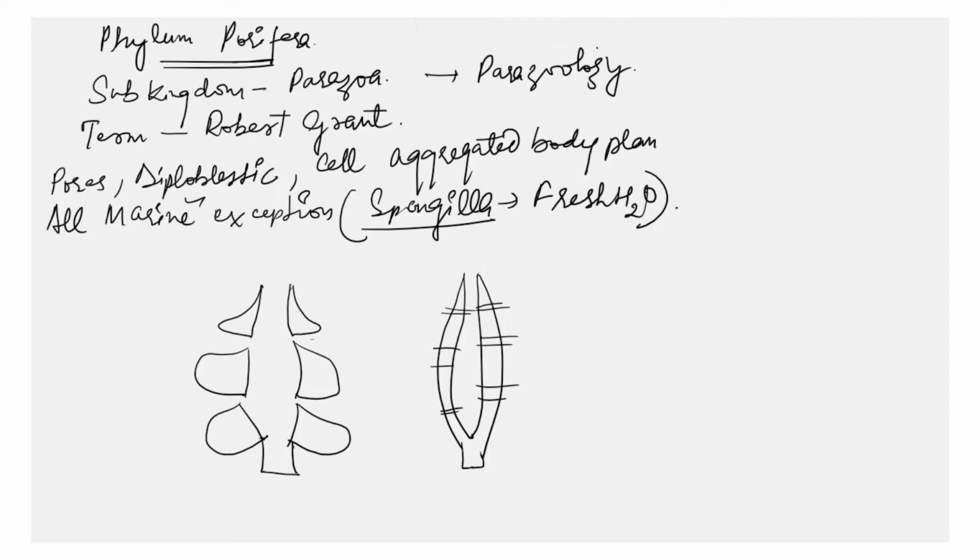Okay, so these are the pores here. All the pores, these small pores which are present in their body, are called ostia. This ostia is actually the opening pore. This is actually the water inlet pore.